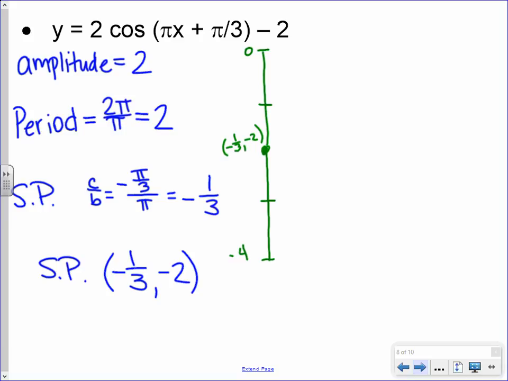All right, then we have a period length of 2.